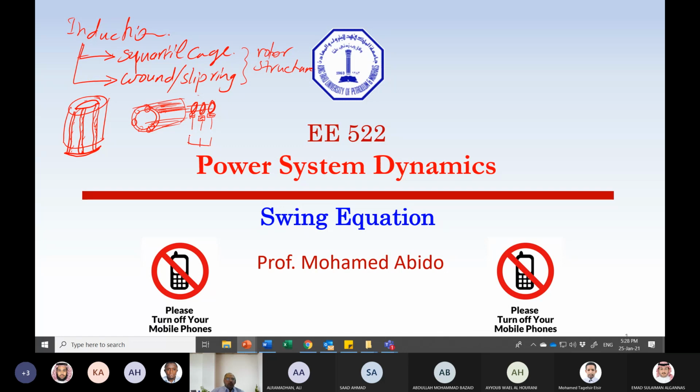Or if you want to change the characteristic of the machine, you can add here a variable resistor, rotor resistance. And this rotor resistor is varied, so you can control the torque. You can play with the characteristic of the induction motor in this case. So this is usually the torque-slip or torque-speed characteristic.